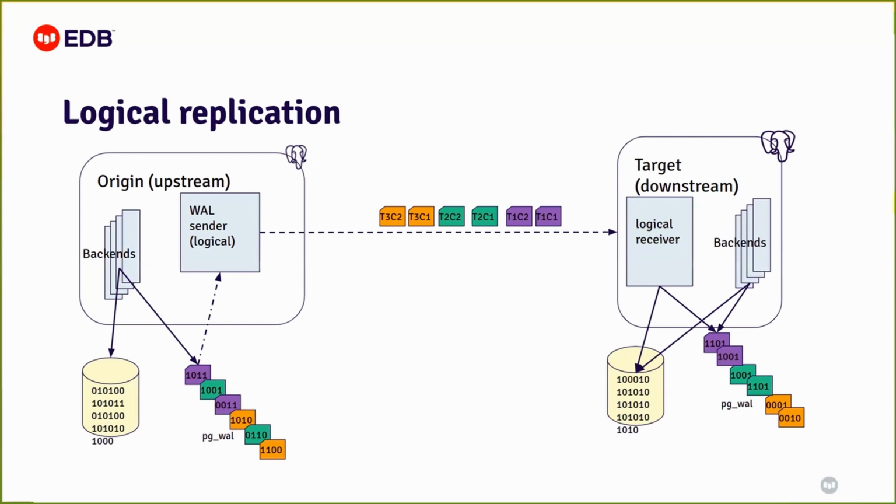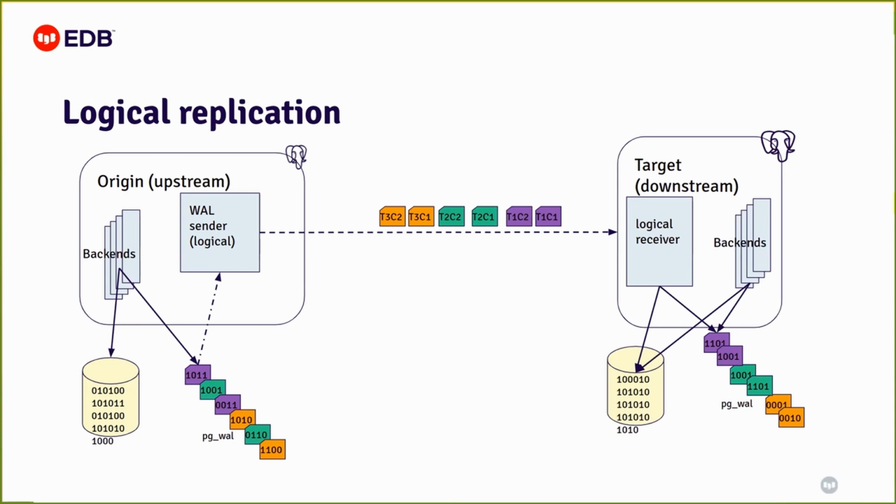A WAL sender, which is sending the changes to the downstream logically, reads this WAL record stream and converts it into a stream of logical changes grouped by transactions.